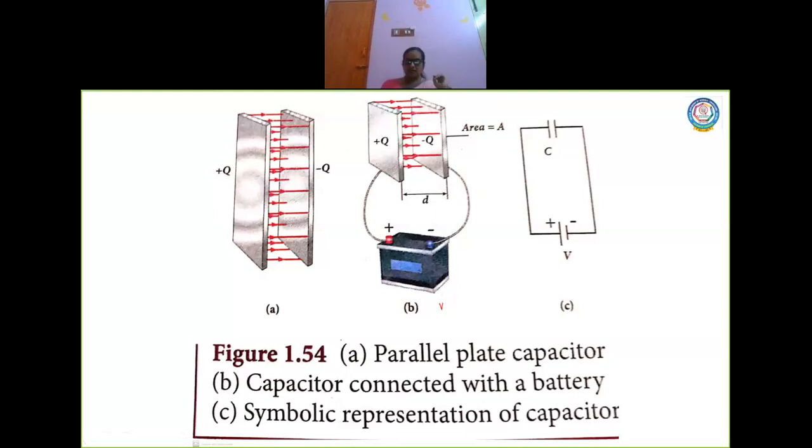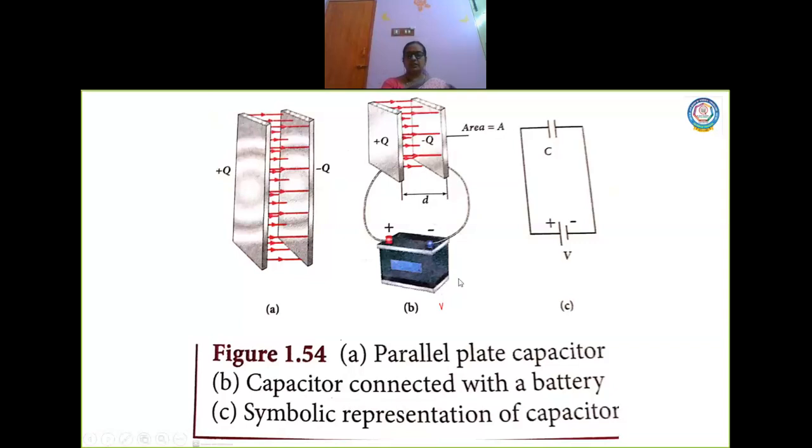Is it clear? Now there develops a potential difference between these plates, and this potential difference between the plates of the capacitor will be equal to the potential of the battery. So the potential difference between the plates is equivalent to the battery's voltage.